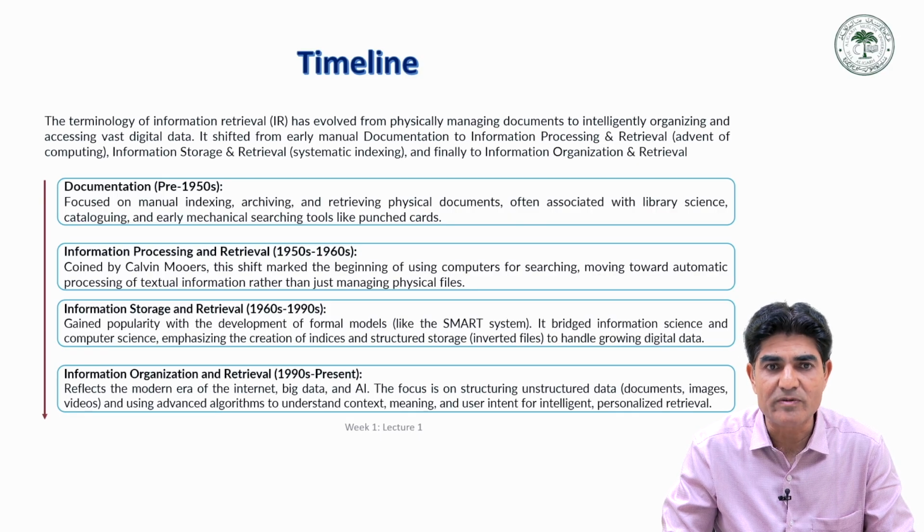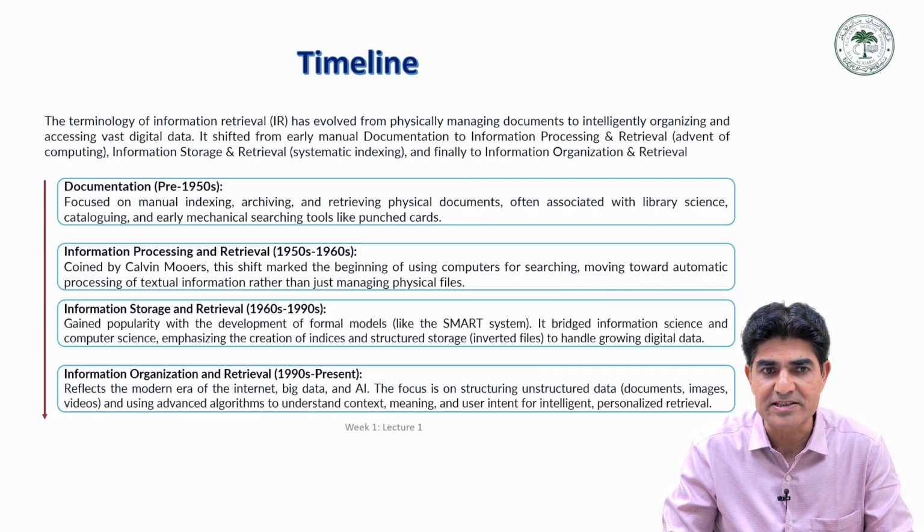The terminology of information retrieval has evolved from physically managing documents to intelligently organizing and accessing large amounts of digital data. It shifted from early manual documentation to information processing and retrieval, that is, the advent of computing, then information storage and retrieval, that is, systematic indexing, and finally to information organization and retrieval.